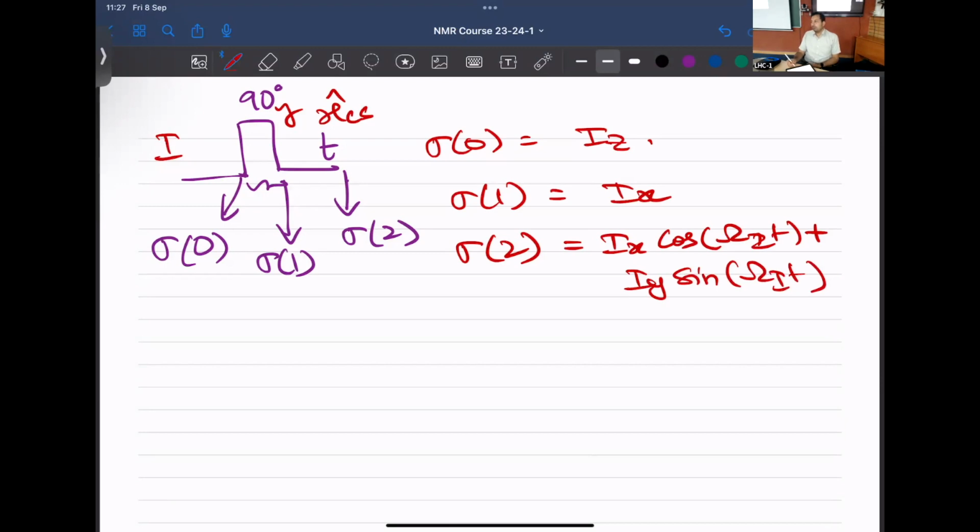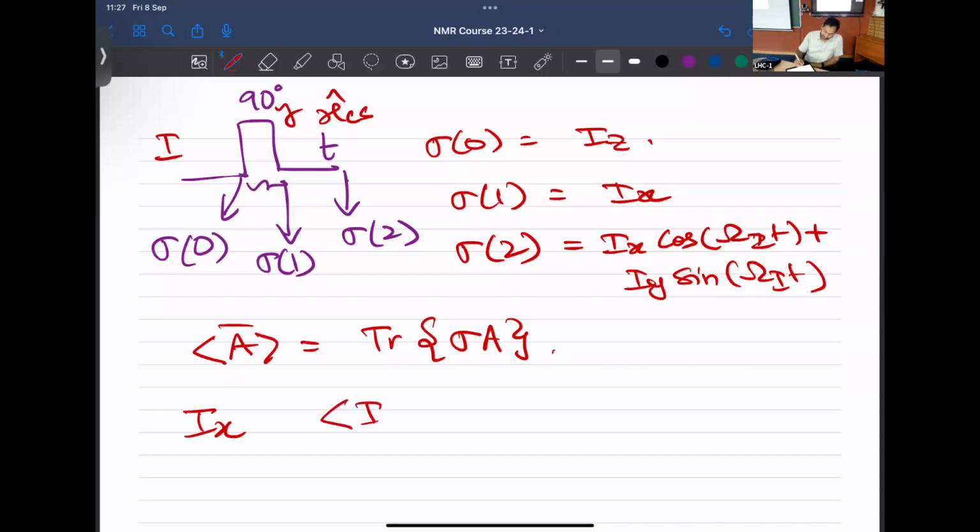Correct? And what did we keep on saying as a measurable in an experiment? You want to get the expectation value. And how is that going to come up? Trace of the density matrix times the operator itself. Let's say that we are trying to measure along the x phase. It'll be Ix. So if you want to get the expectation value of Ix, it's going to be trace of Ix times sigma.